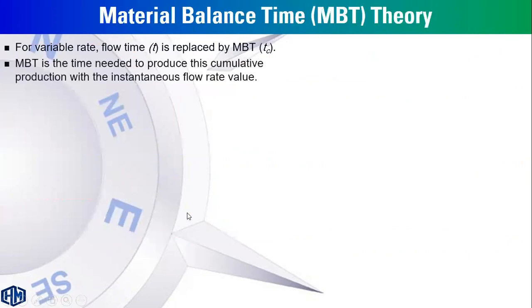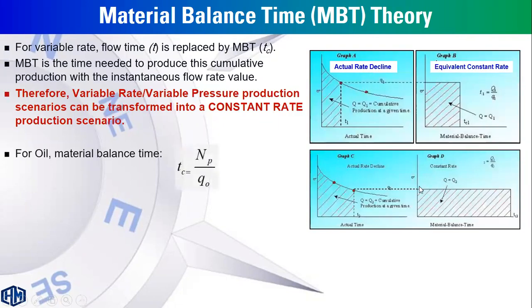So again, the material balance time will be used instead of the actual time to produce the cumulative production with the instantaneous flow rate. Again, this is using the actual rate, as mentioned before, the actual rate decline.